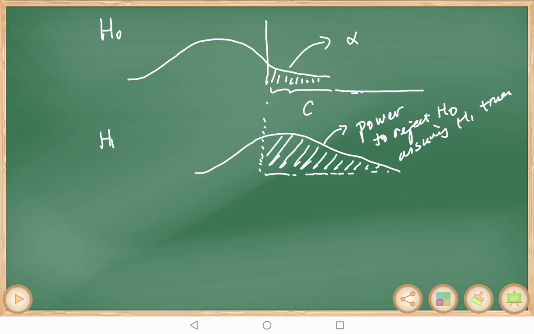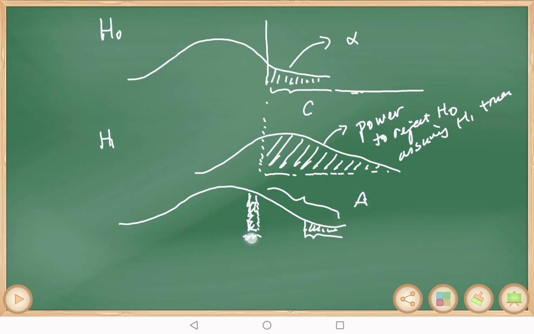Now, in the same manner, we could think of a different region. Let's suppose this would be our C, right? We could actually define some region A that's made up of these two pieces, right? So we would define this as the region A, this part union this section. So this is the distribution under the null.